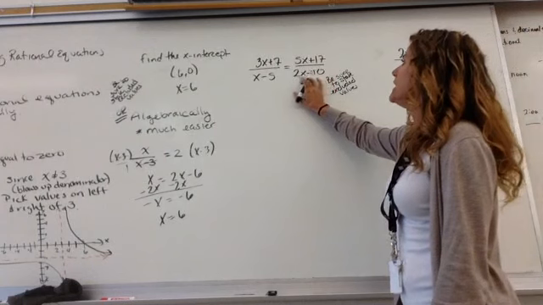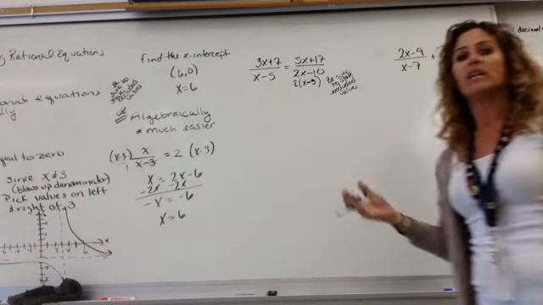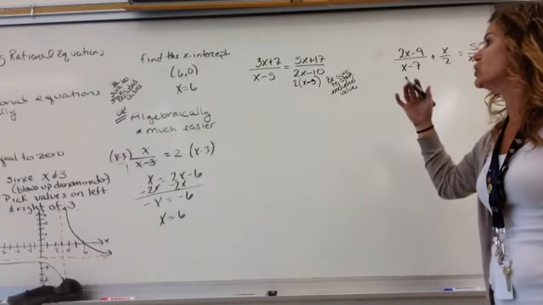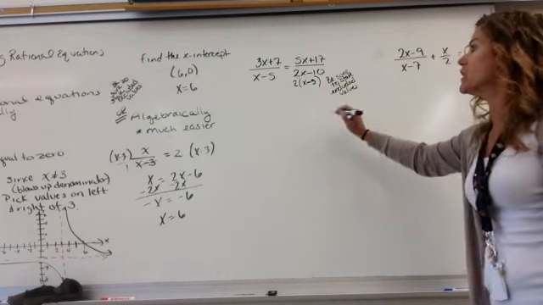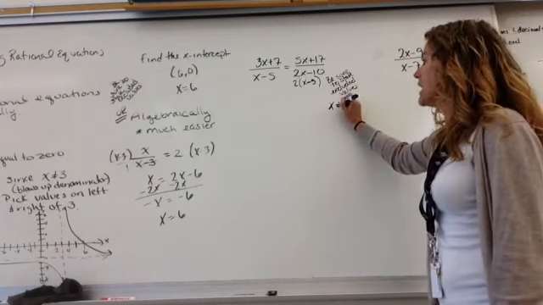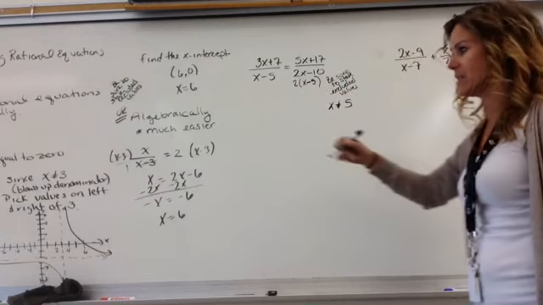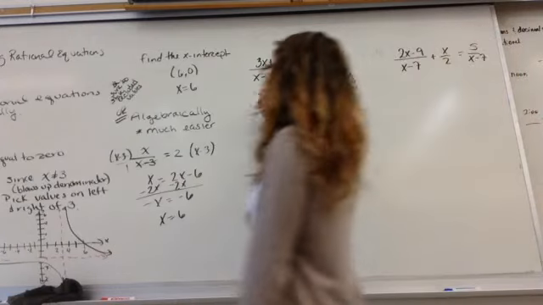Looking at another one, we need to factor this denominator because we need to be able to state restrictions and we need to be able to multiply by the common denominator. So here, our restriction is x cannot equal 5, just like we stated over there, x cannot equal 3, which blows up the denominator. So we're going to multiply both sides by that common denominator.